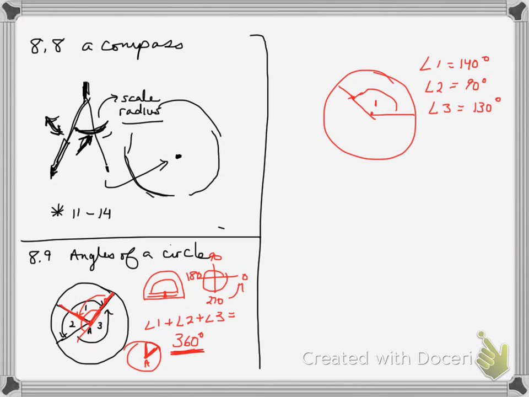Angle 2, you'd put your straight edge here, line up your protractor, measure it out, about 90 degrees, and this would be angle 2. And then measure this to make sure it's close to 130 degrees.